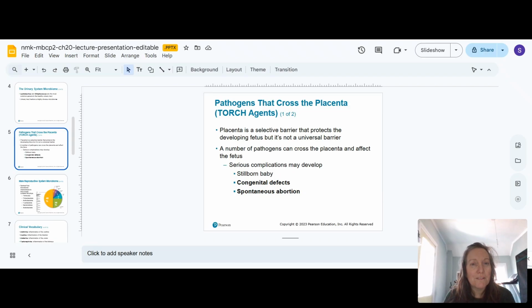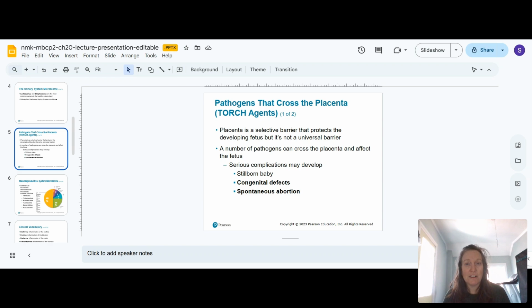This is jumping around a little bit, but I wanted to touch on some pathogens that cross the placenta. These are called TORCH agents, and that's an acronym you could look up in the text. But the placenta is an organ that develops in pregnancy. It's not always there. So once a pregnancy starts, the placenta develops, and this has many functions for the developing fetus.